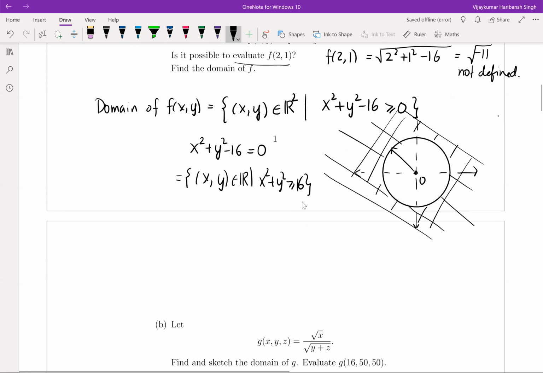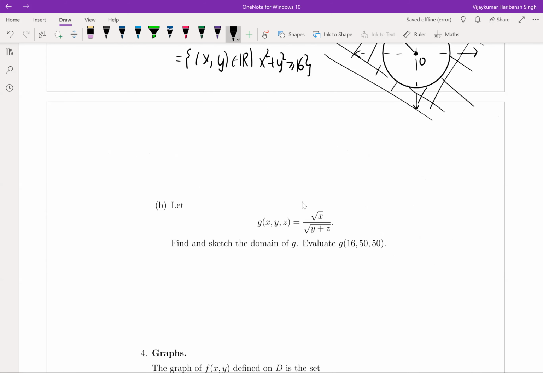Now let's look at this example. g of x, y, z is given by the square root of x upon the square root of y plus z. Now find the domain of this function. So what is the domain of g? The domain of g is going to be all x, y, z such that this function is defined.